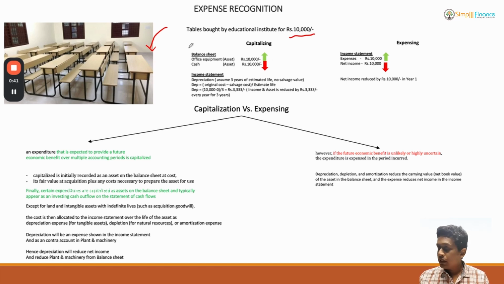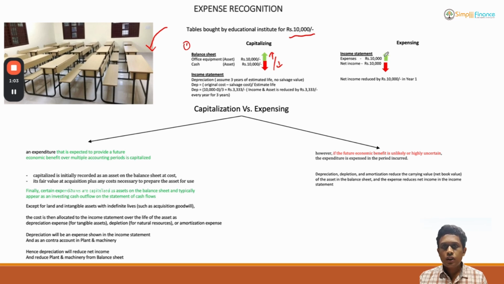So the first company shows the tables in their balance sheet as office equipment. So their assets increase, that is the tables go into office equipment, and the cash reduces. But the other company, another education institute, they expense it out.